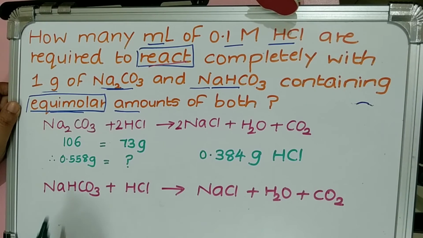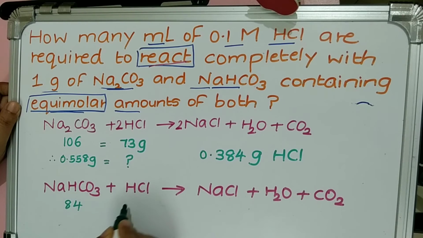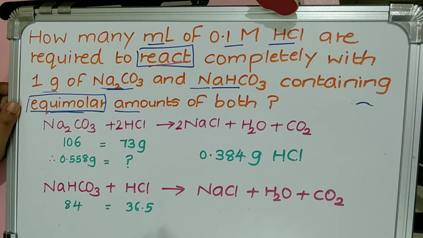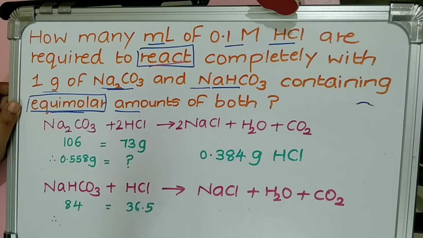Similarly, for the next equation, NaHCO3, the molar mass is 84, HCl 36.5. So 84 grams of NaHCO3 requires 36.5 grams of HCl. Therefore, what was that 1 minus X value you got over there? 0.442 grams of NaHCO3 will require how many grams of HCl?